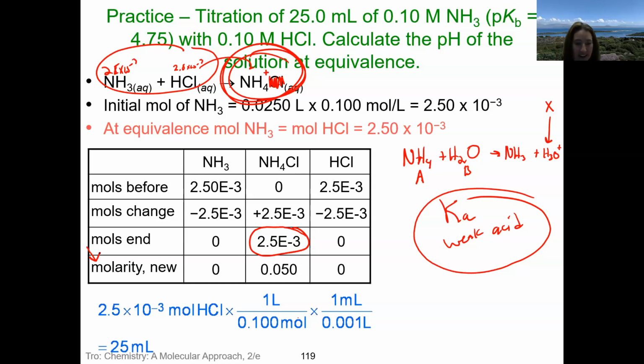So when you do your molarity, it's 25 milliliters. Oh, that's why we had to find the volume that we added. That's why I did this part. And how do we do that? Just stoichiometry. To get our molarity, we had 2.5 times 10 to the negative 3 over 25 plus 25, well, 50, which is 0.05 molar.